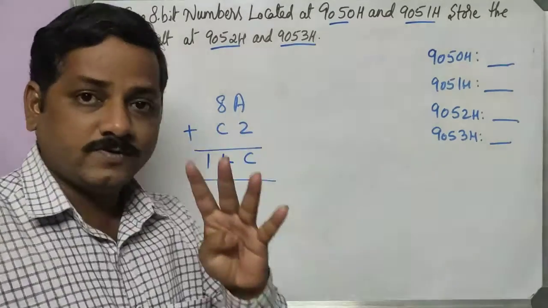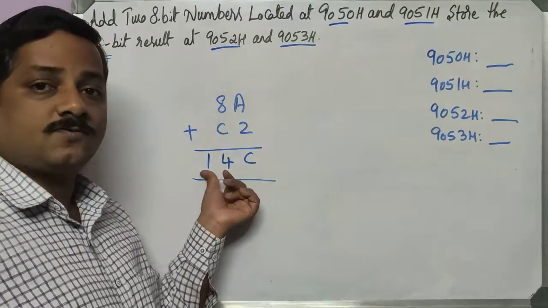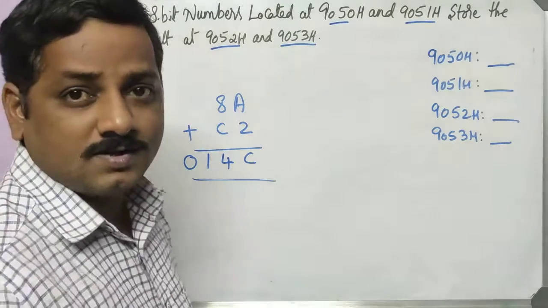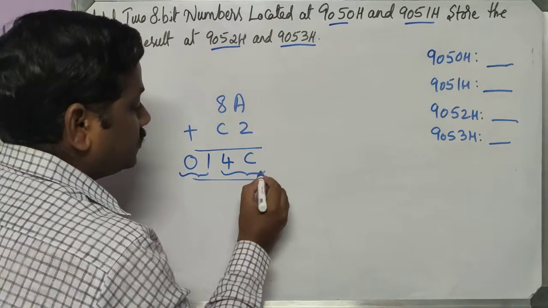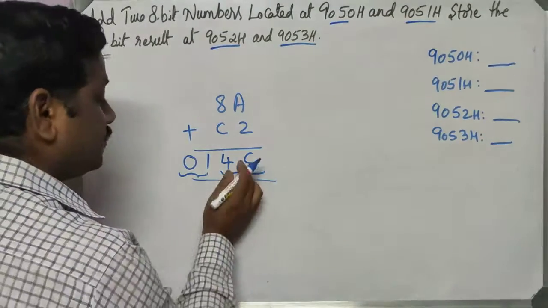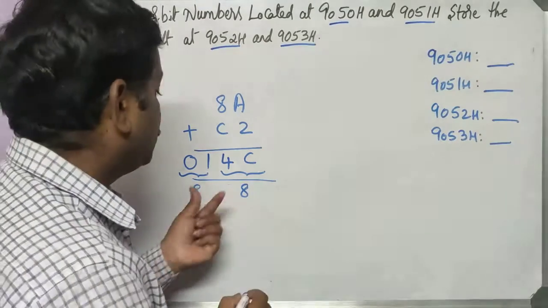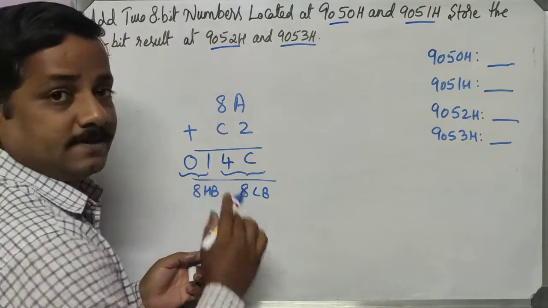Here C means we need 4 bits to represent this, 4 bits for this, 4 bits for this. And remaining here we don't have anything, so let me write it as 0. Okay. So this can be split into two 8-bit data. 4C is one 8-bit data and this is the other 8-bit data. We can say this is the lower byte and this is the higher byte.